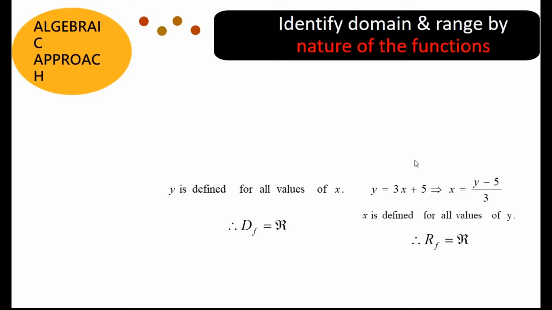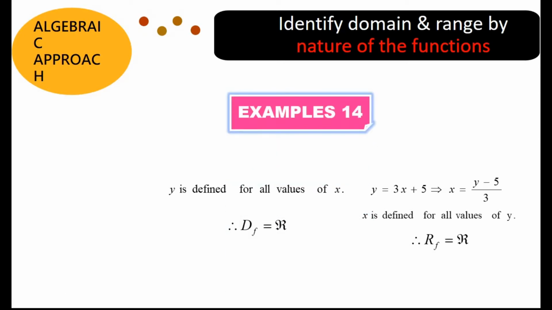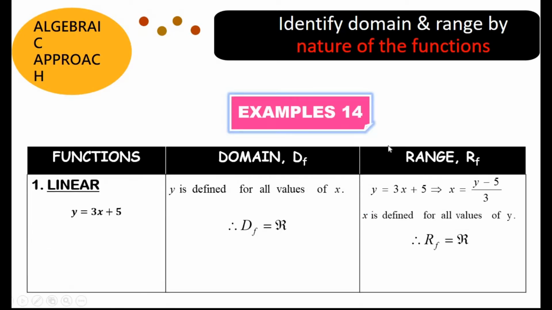Now let's go for the second method to identify the domain and range by using the nature of the functions, that is the algebraic approach. So let's say we have this example. We have the linear function y equal to 3x plus 5. If you notice, y is defined for all values of x, so the domain of f is all the real numbers.